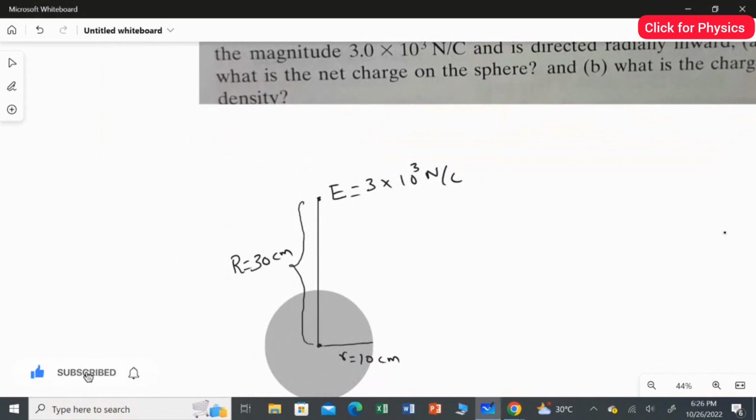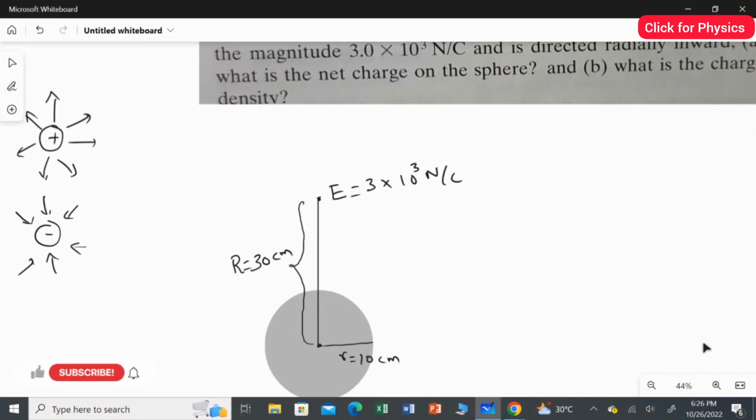Am I right? So for example, if you have a positive charge, all the field lines will be in the outward direction from the center. Am I right or not? These things we already studied in the theory. But if you have a negative charge, all the field lines are in the radially inward direction. So what they gave in the question, initially they said they don't know what the charge is, but they said the field lines are radially inward.